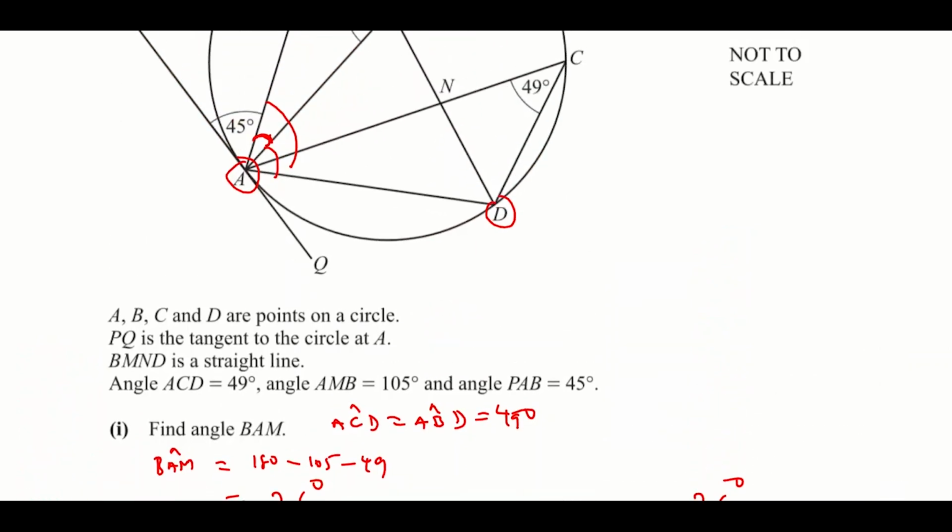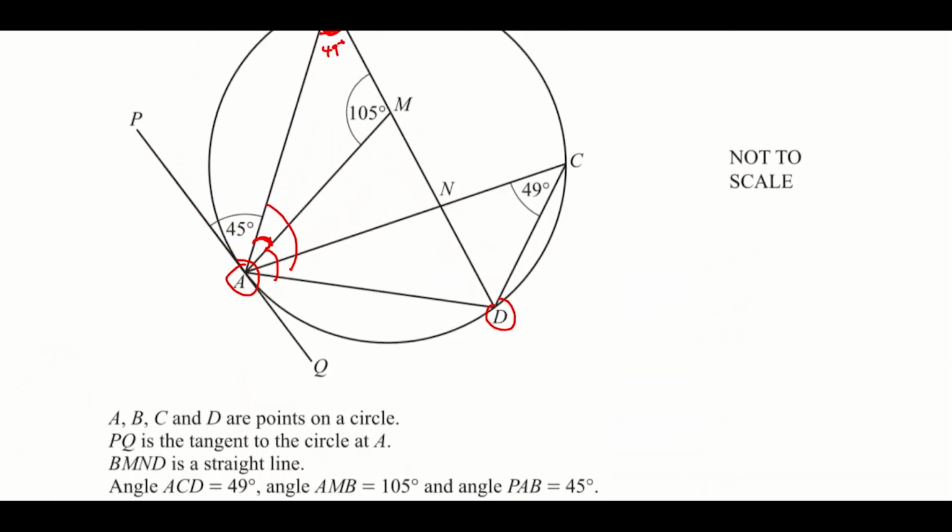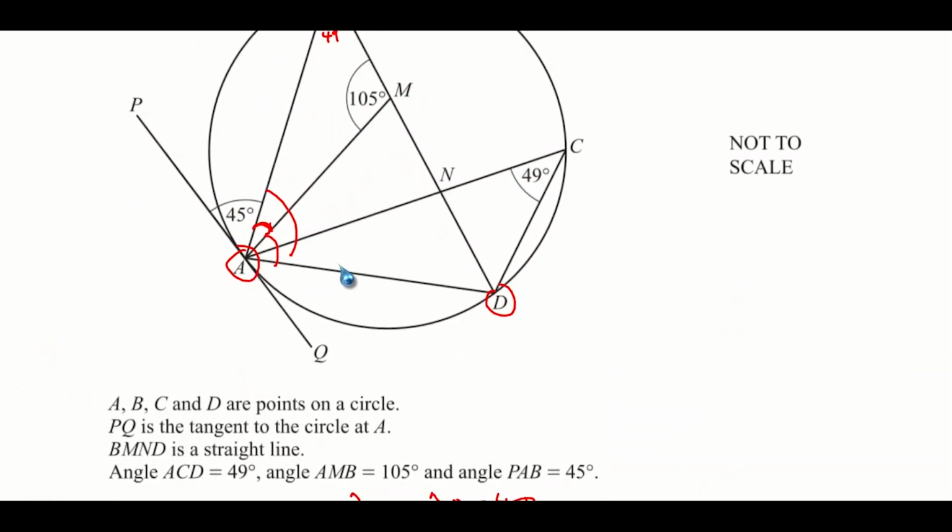MAD. So we want to find this angle here, MAD. To get MAD, we need to know this angle. But look at these two angles, this one and this one.